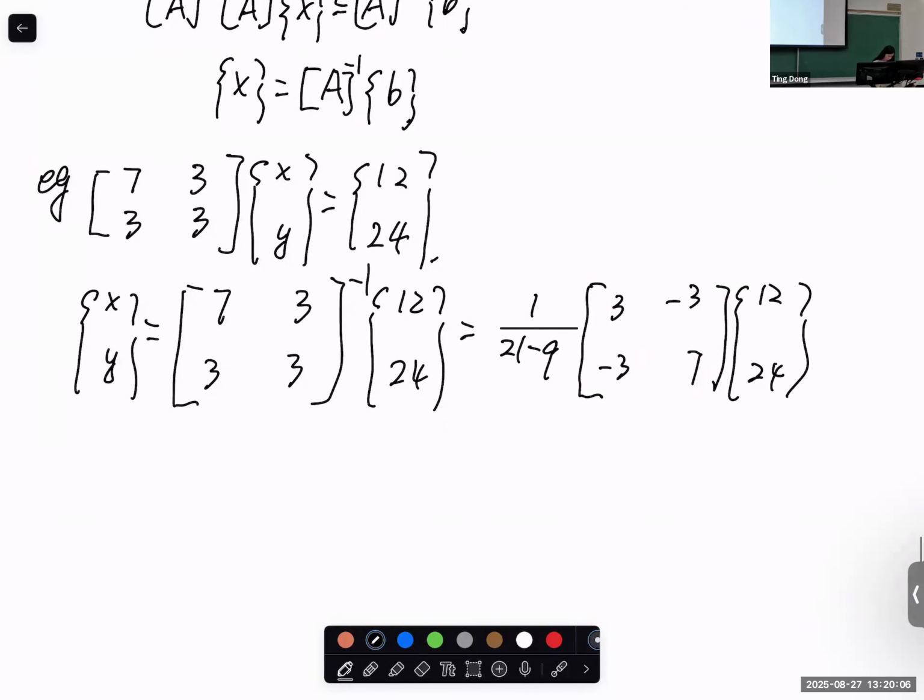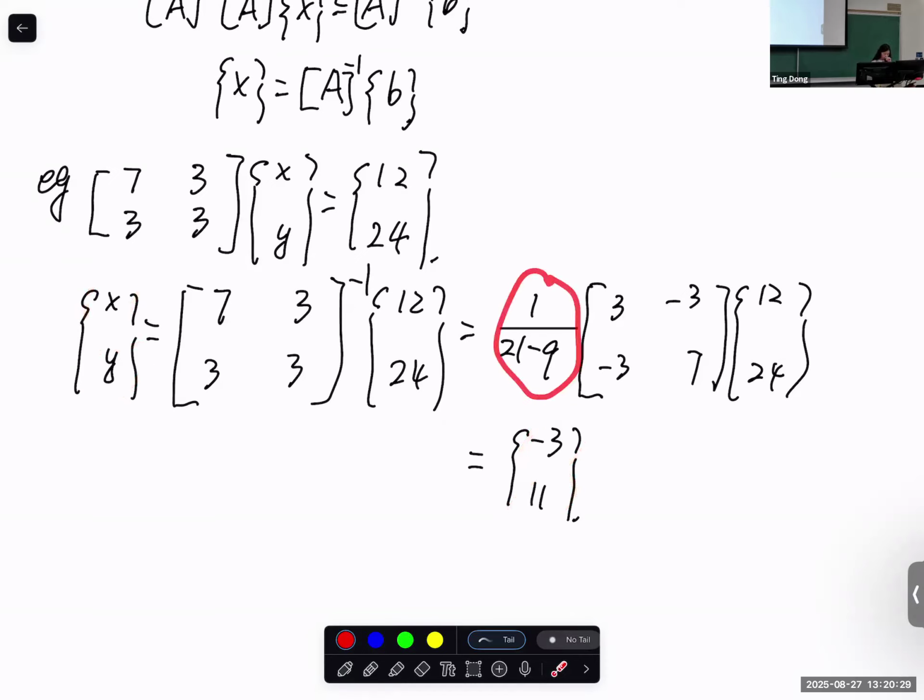So now, negative 3, 11. So basically, of course, you get the same answer, x equals negative 3, y equals 11.